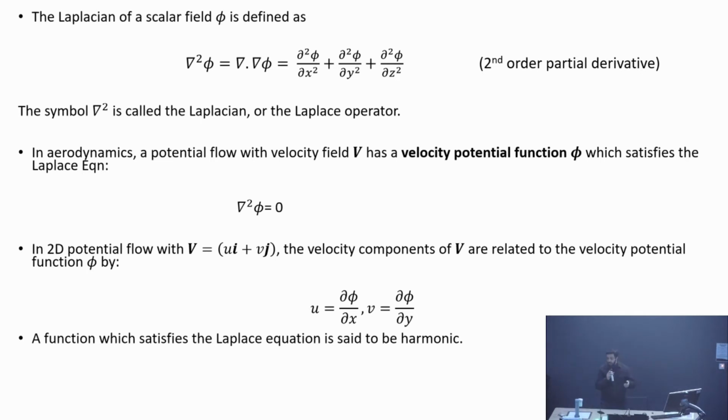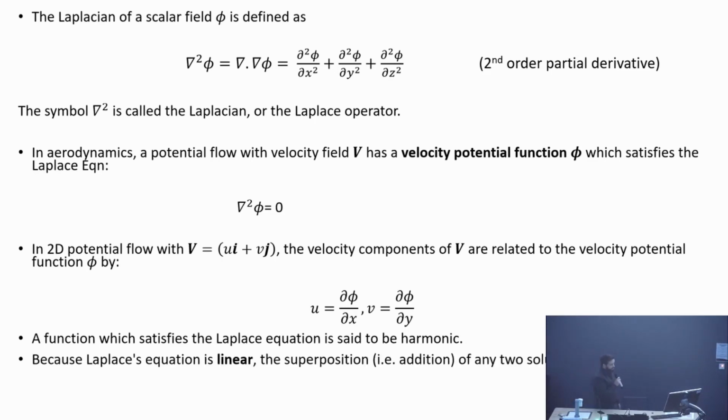Non-linear terms would be, for example, 1 over x, or something like xy. Because the Laplace equation is linear, this leads to a very important property: we can add solutions together, and the result also satisfies the Laplace equation, which means it's a solution too.